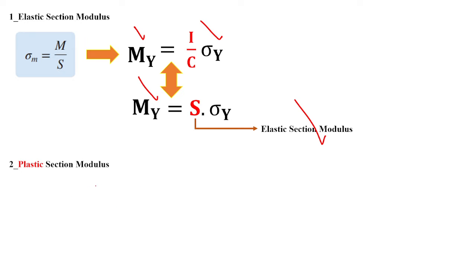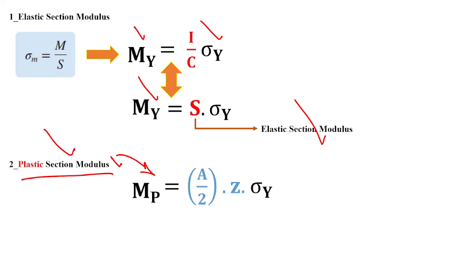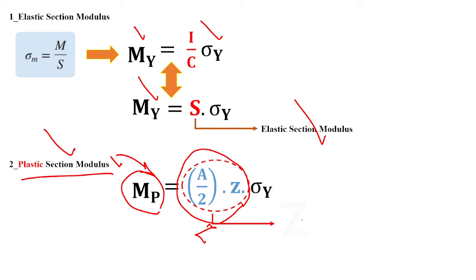And we also have a definition for the plastic section modulus. If you are interested in that one, I will provide you with the link at the end of this video. That's M plastic. Sometimes you want to use the maximum capacity of the section. That's A over 2 times z, and we call this parameter capital Z, times sigma.